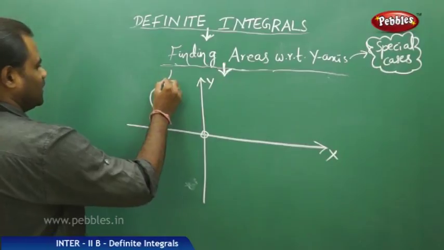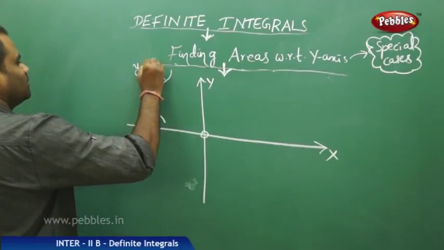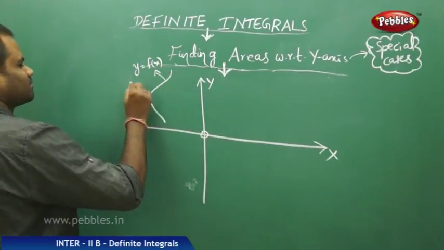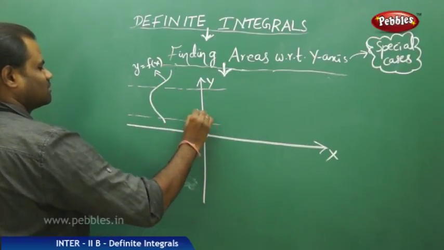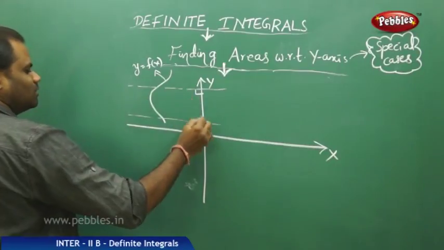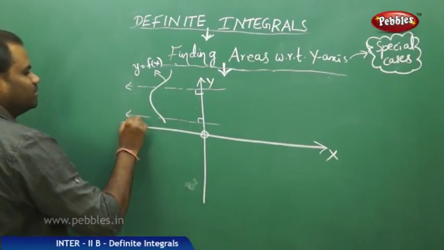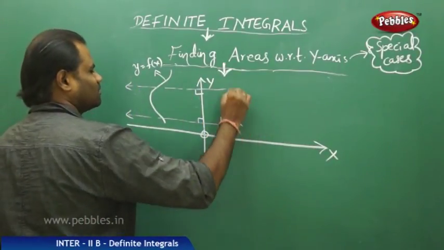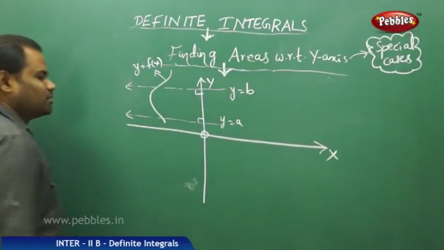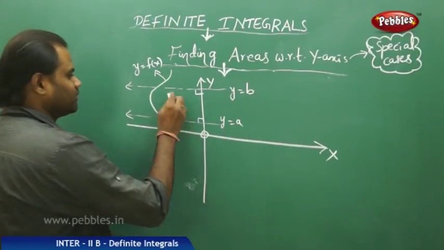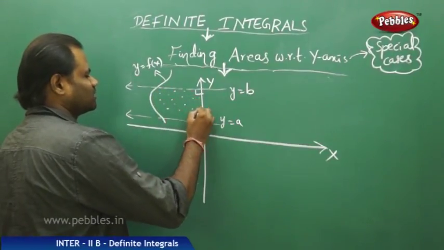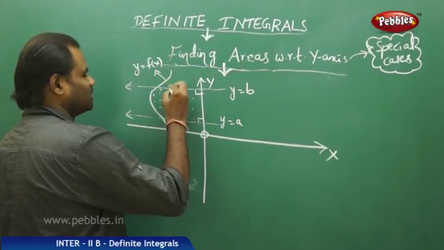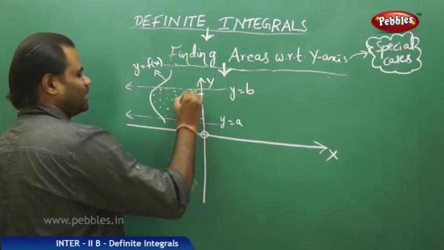That is, if I have this curve y equals f of x with the bounds y equals a and y equals b, then in this case I get my shaded region in the second quadrant, that is, on the negative side of x.